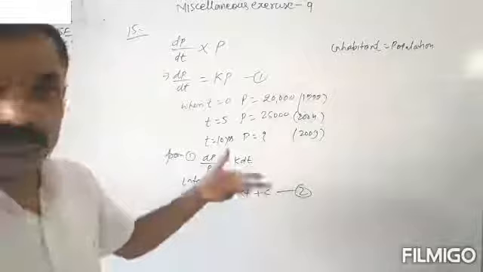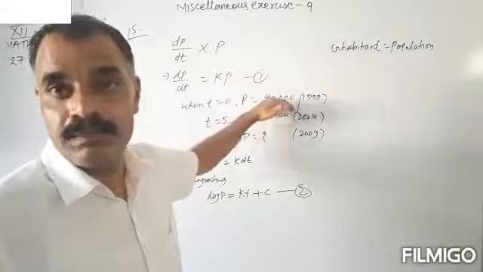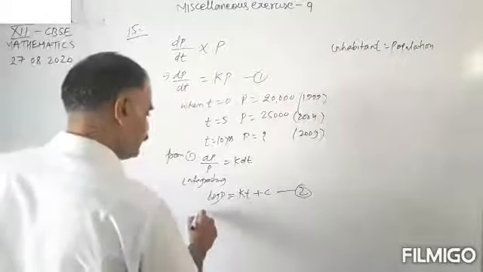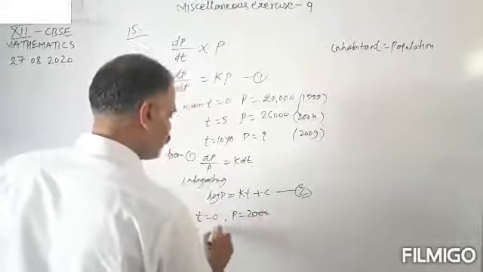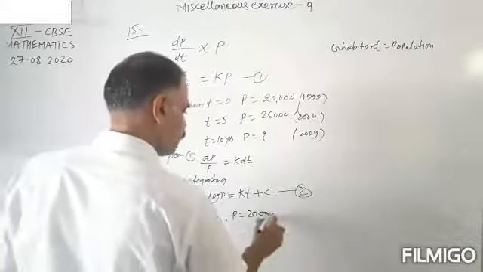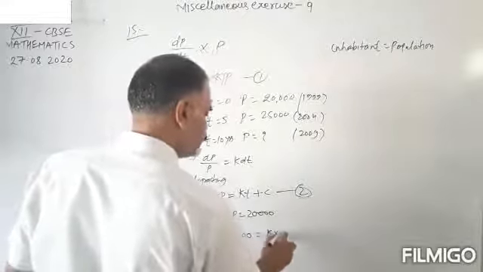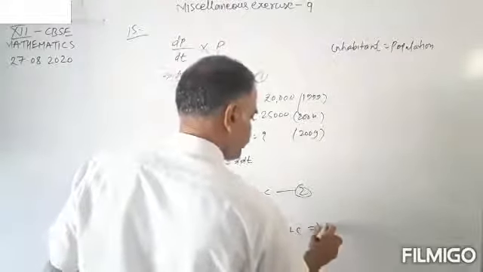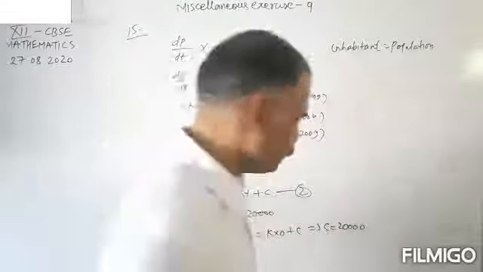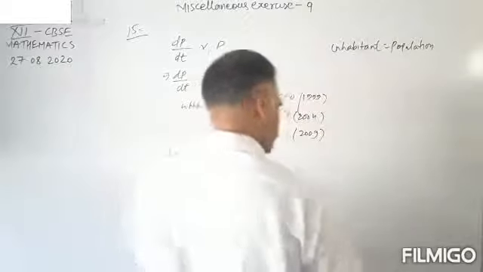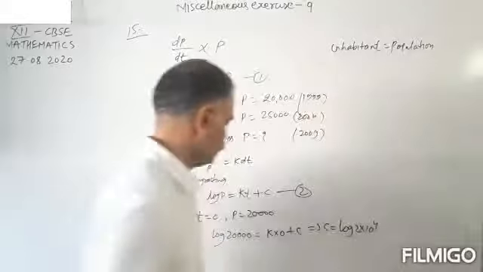This is the general solution of the given differential equation. Now we will use the conditions. T equals 0 when p equals 20,000. So log 20,000 equals k into 0 plus c, which implies c equals log 20,000, that is, log 2 into 10 to the power 4.